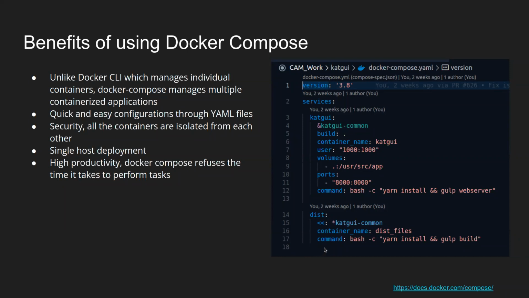This makes it easy for a single host system to run multiple different containers, and it is very high productivity since the time it takes to perform tasks is very minimal.